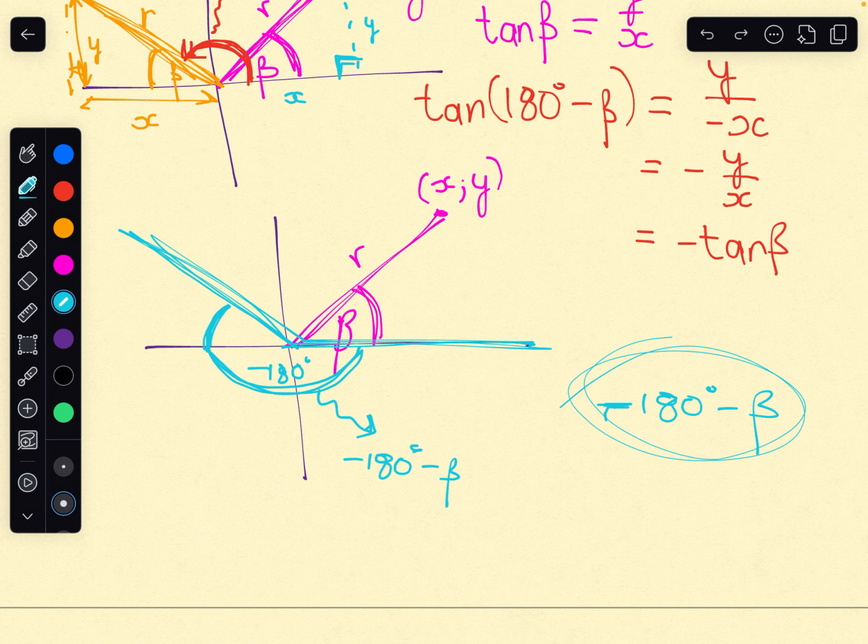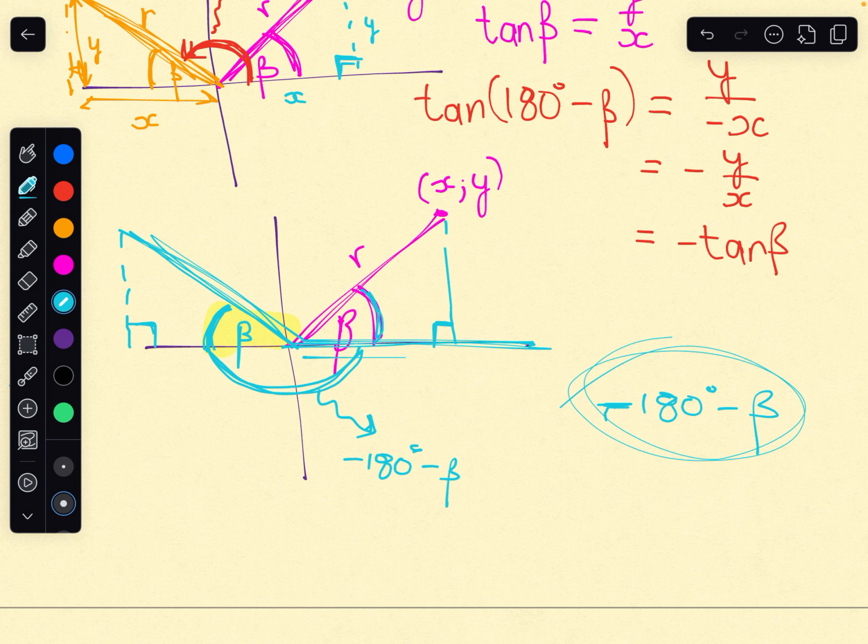More specifically, what we are concerned with is the size of this little bit over here, we don't really care about the direction at this point. The size of this is beta. And so what we then know is that this triangle over here is a reflection of this triangle over here, because they both have the beta angle over there.